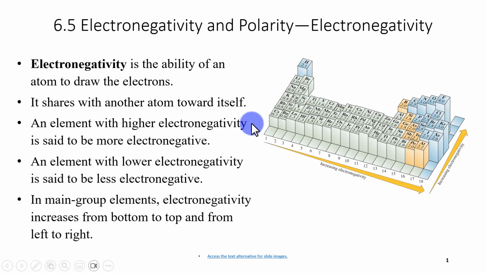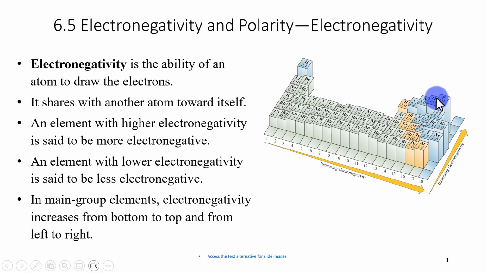And here's the trend. Electronegativity increases as a general rule from left to right in the periodic table and from bottom to top of the periodic table.